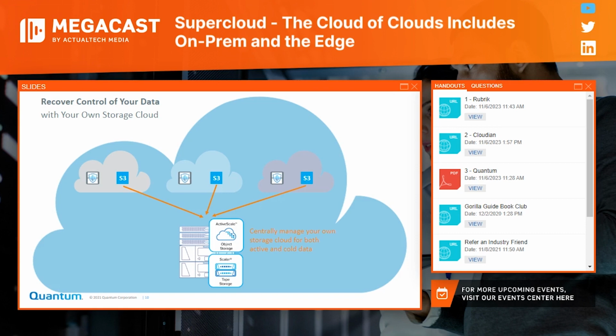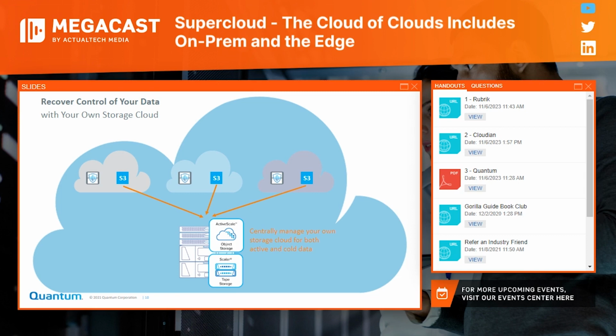So when you think about Supercloud, the opportunity really is for you to recover control of your data within your own storage cloud, and then have this as a centralized resource for all of the cloud infrastructure within your environment, and the multiple clouds that you use. This is really amenable to 90% or more of your data, in the context that there's always going to be a production workload that needs very fast access to the data within the computing infrastructure.